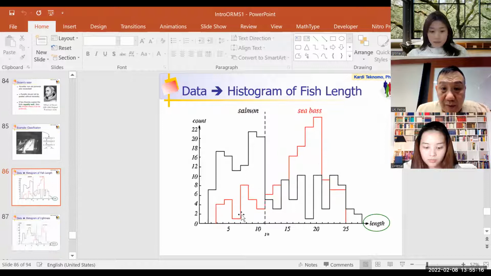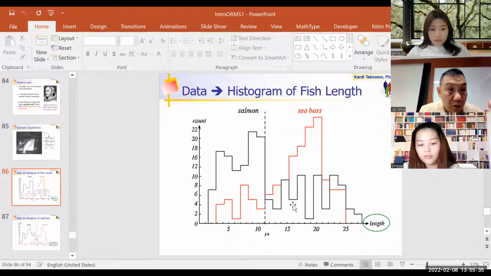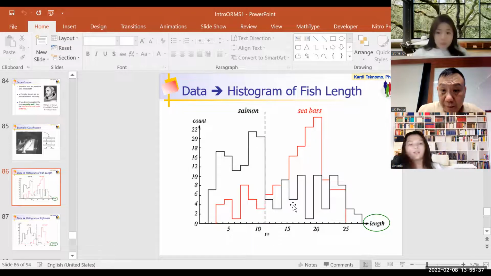So then what happens is you check, okay, based on the data you get the distribution, right? From the distribution, say the distribution of the length of the fish, fish length. So you see here the distributions have a lot of things in common. The overlapping between the two distributions is very big.